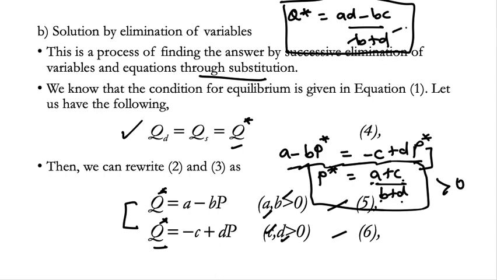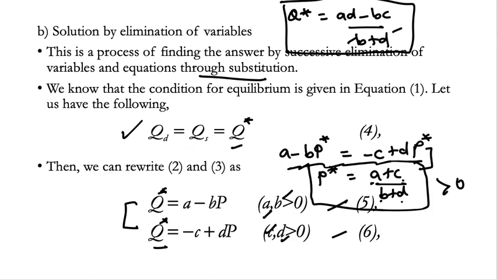What about Q star? B and D positive, so there's no problem for the denominator value. We know AD, both of them positive. We know BC, both of them positive. But then we have a minus sign here. So you can see clearly Q star can be negative if AD is smaller than BC, isn't it?